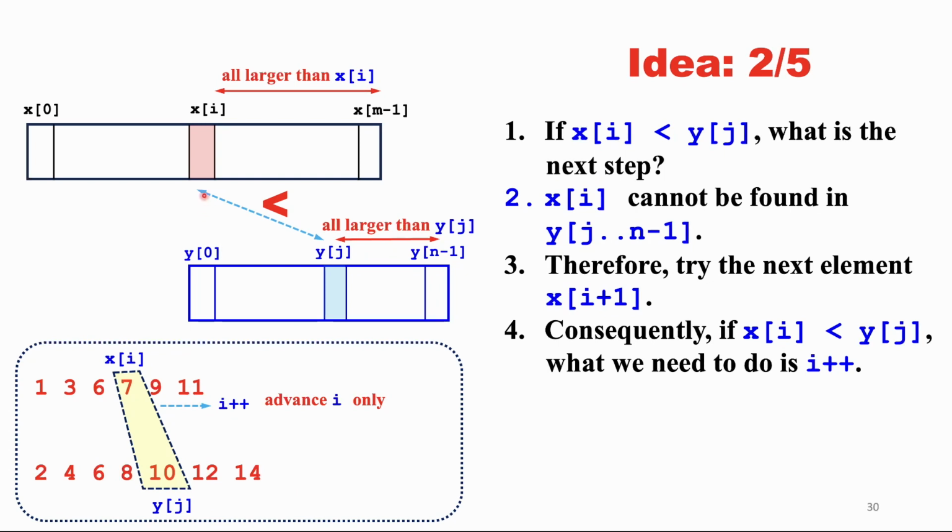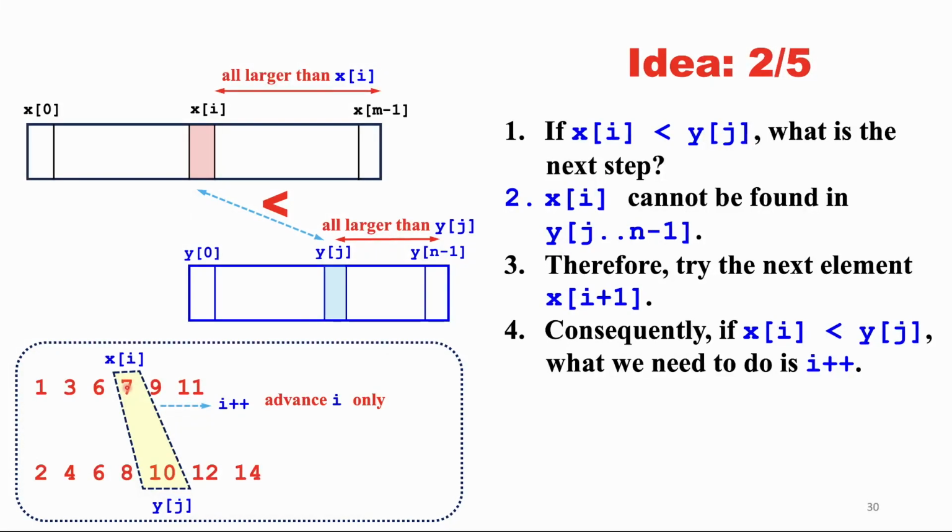Now, what if xi is less than yj? Of course, if xi is less than yj, xi cannot be in this section. Based on what we explained in the previous slide, we simply try xi plus 1 to see whether xi plus 1 is here. Keep this in mind: xi is less than yj, then the next one in x that could be in this section will be xi plus 1.